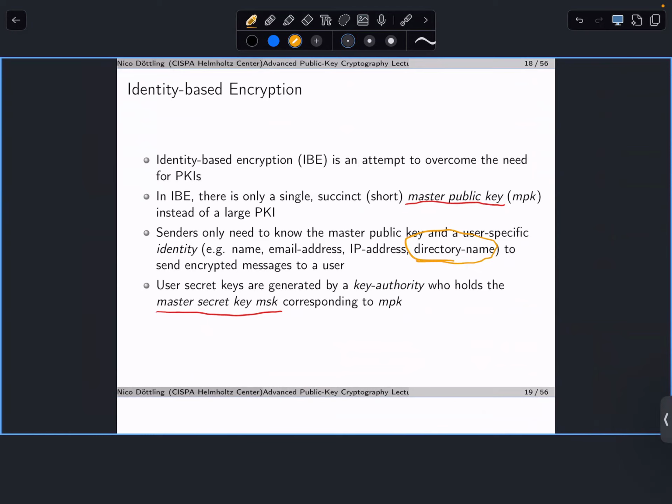Because there, let's say the users are programs on your computer, and the key holder, the key authority, that is you, right? So you can give programs running on your computer access rights to decrypt certain directories. You can give them user secret keys for certain directories, but nothing else, right?